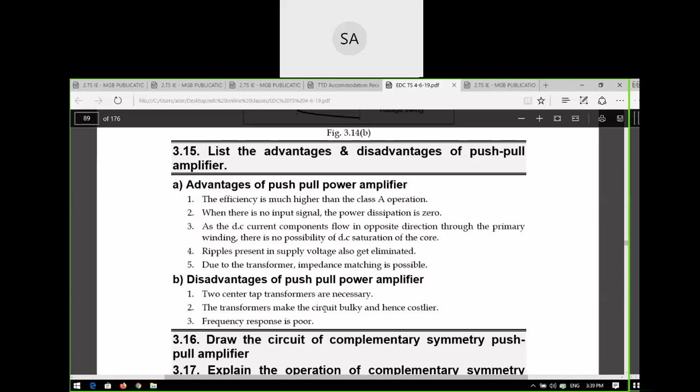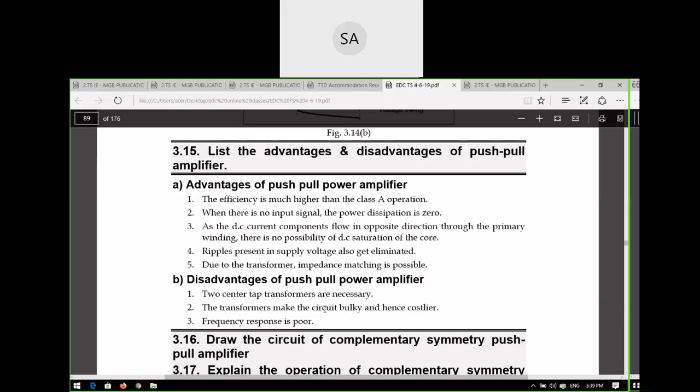As the DC current components flow in opposite directions through the primary winding, there is no possibility of DC saturation of the core. The DC current components flow in opposite directions because the positive-going cycle and negative-going cycle cancel each other. So the transformer core will not saturate and the transformer will not burn or get damaged, because a transformer works only with AC and DC would damage it.